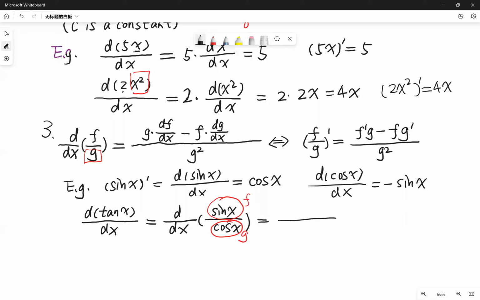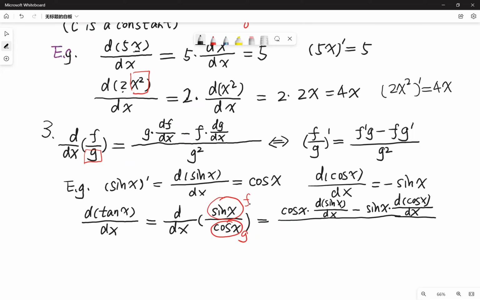We need to apply that on sin x. First is cosine x, and df is d sin x by dx, minus f. f here is sin x times dg. g here is cosine x, so d cosine x by dx.